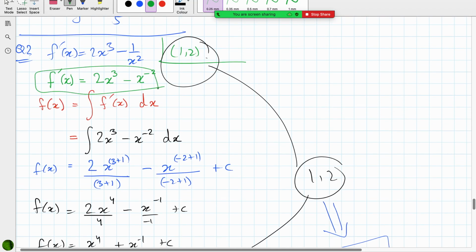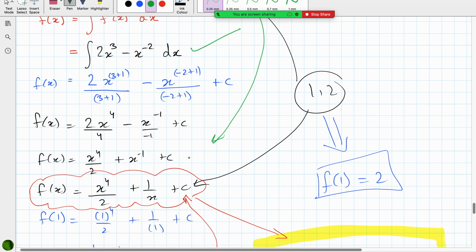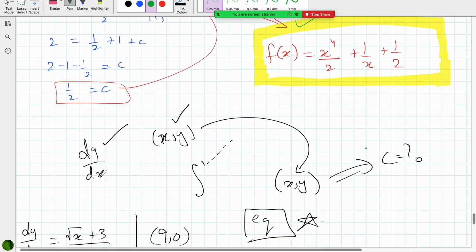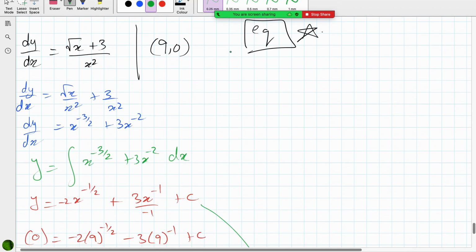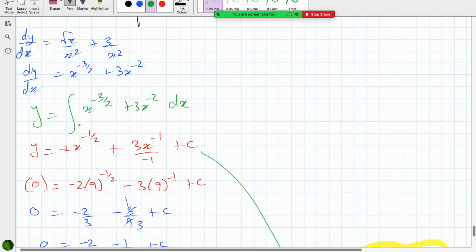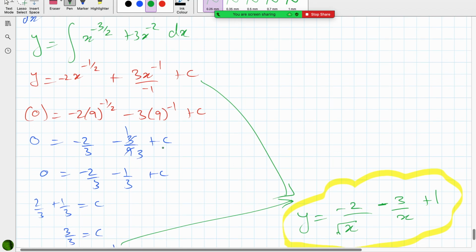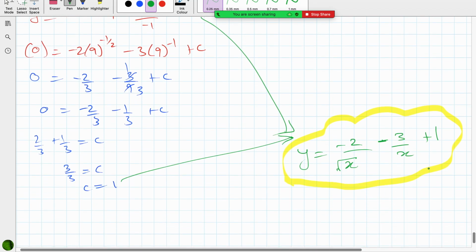Differential is given, we integrate it, substitute the given point, find C, and we state the equation. See this? Differential is given, we integrated it, we substituted the given point, found C, and we state the equation.